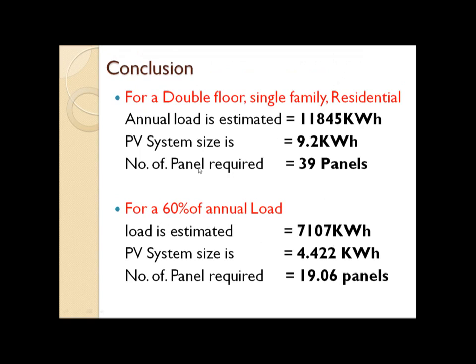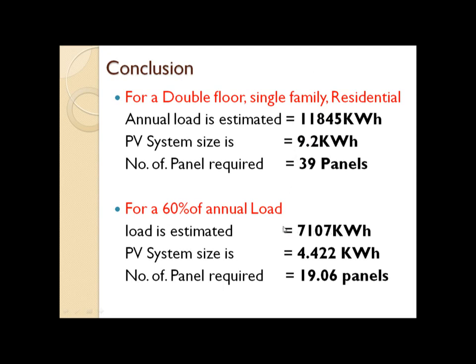Now the conclusion: for a double-floor single family residence, we consider 100% of the load. The load is calculated as 11,845 kilowatt hour, and the system size is identified as 9.2 kilowatt. We need 39 panels.